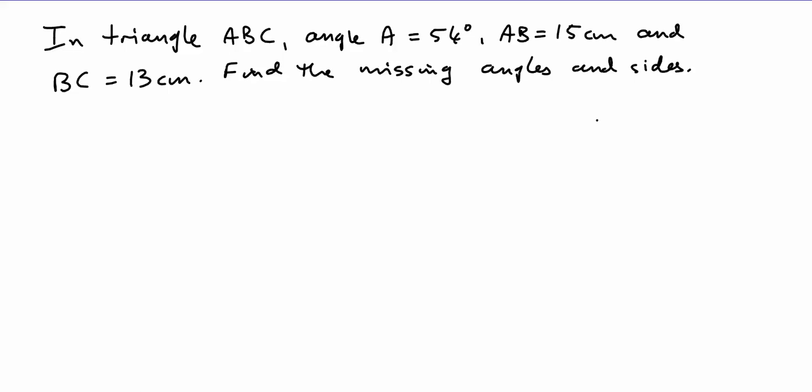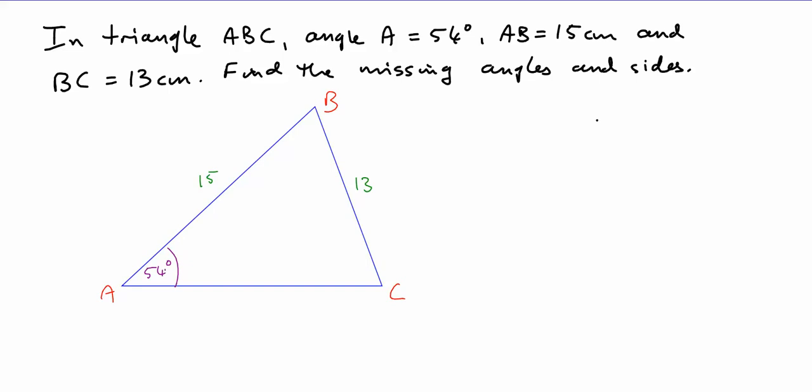Okay, now pause the video and try this question on your own. When you've done it, resume the video and see how I do the solution. So first of all, we would draw a triangle.